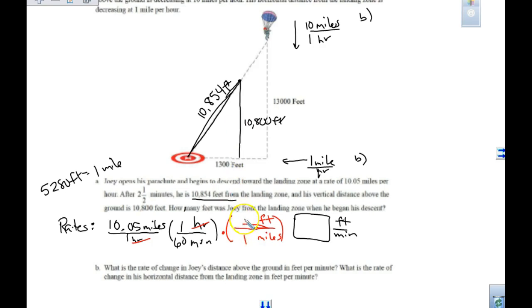1 mile is equal to 5,280. This is where we take your calculator out if you have it with you, or grab one of mine up in front. You are multiplying on your calculator. 10.05 miles times 5,280 divided by 60.